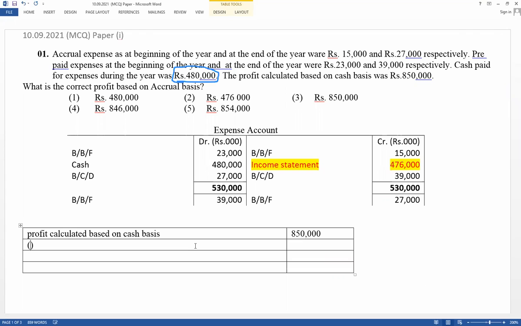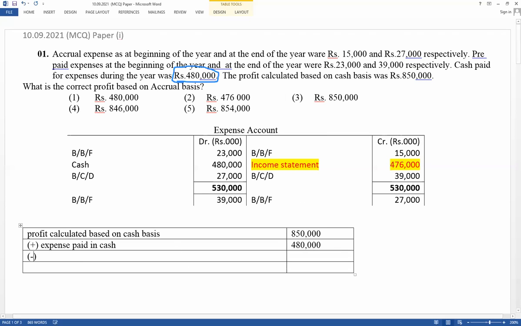That is not the value that should be deducted as expense; we have to deduct 476,000. But based on the cash basis, the cash paid amount was already deducted. Therefore the expense paid in cash, which was considered as expense under the cash basis, 408,000, should now be added back. But we have to consider as expense based on the accrual basis 476,000.